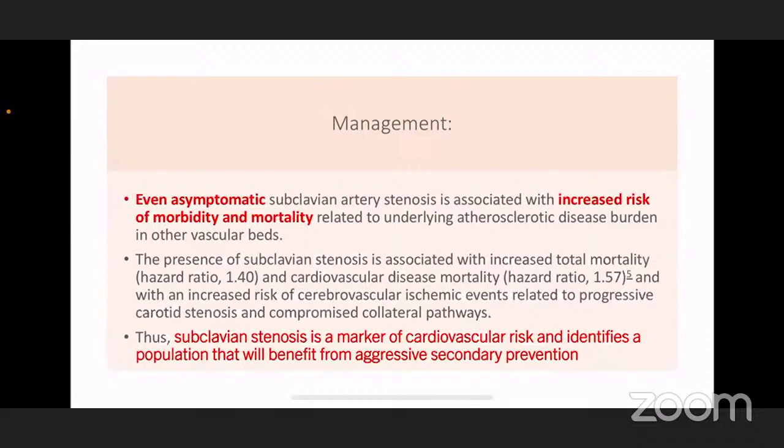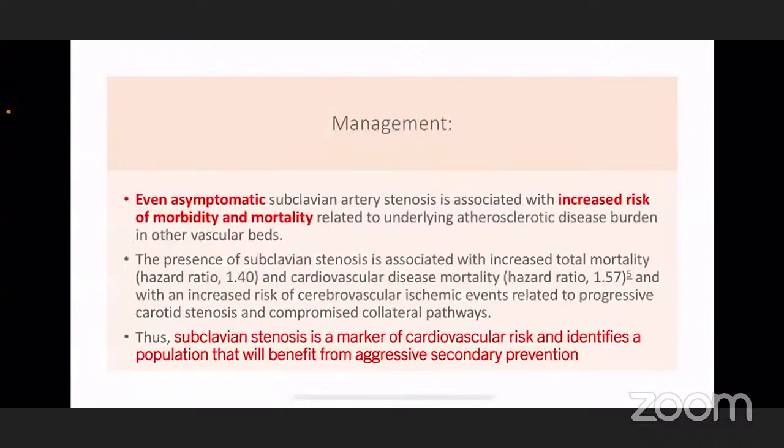The presence of subclavian stenosis is associated with increased total mortality, with a hazard ratio of 1.4, and cardiovascular disease mortality hazard ratio of 1.57, and with an increased risk of cerebrovascular ischemic events related to progressive carotid stenosis and compromised collateral pathway. Therefore we have to manage it, because the subclavian stenosis is a marker of cardiovascular risk and identifies the population that will benefit from aggressive secondary prevention.